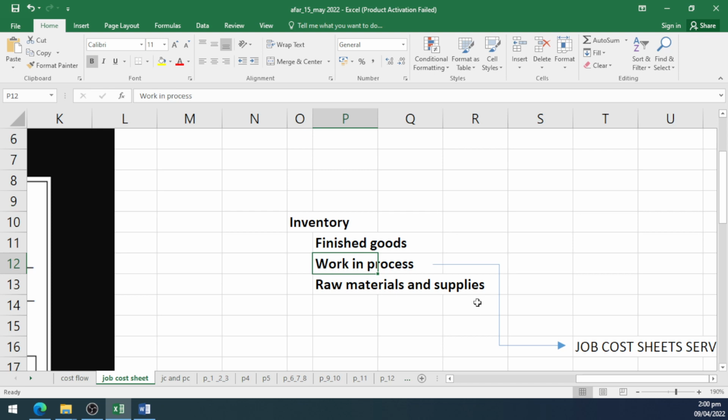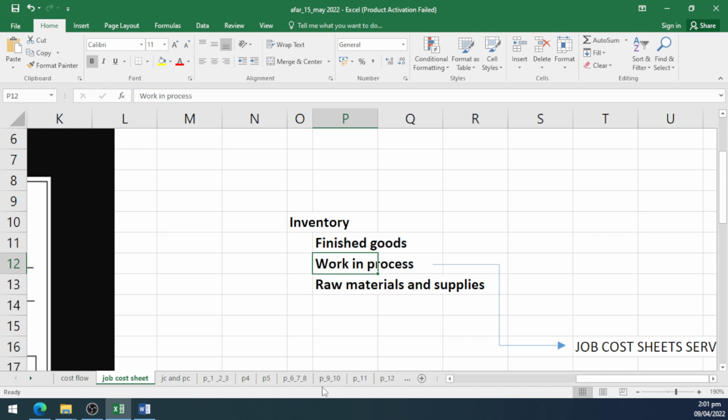I-accumulate yung cost bawat job. Magkano ang materials, magkano ang labor, magkano ang overhead para sa job na yan. Hanggat hindi natatapos yan, dyan sa job cost sheet, ina-accumulate natin dyan yung lahat ng cost na na-incur natin. Yan po ang tungkol sa job order costing.